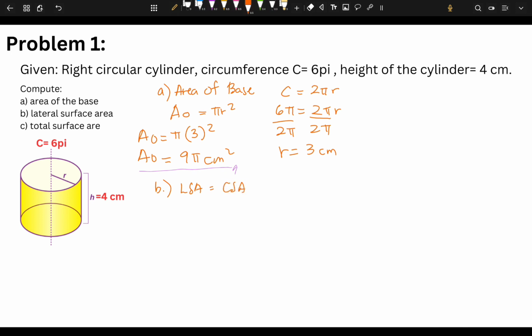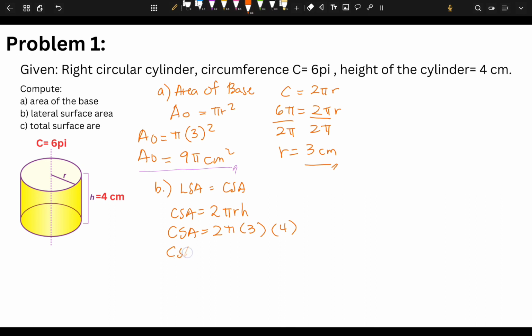Kung babalikan nyo yung formula natin ng CSA ng ating cylinder, so CSA is equal sa 2 pi rh. So CSA is equal sa twice ng pi times natin ng r. Ang r natin ay 3. Right? Times ng height which is 4.